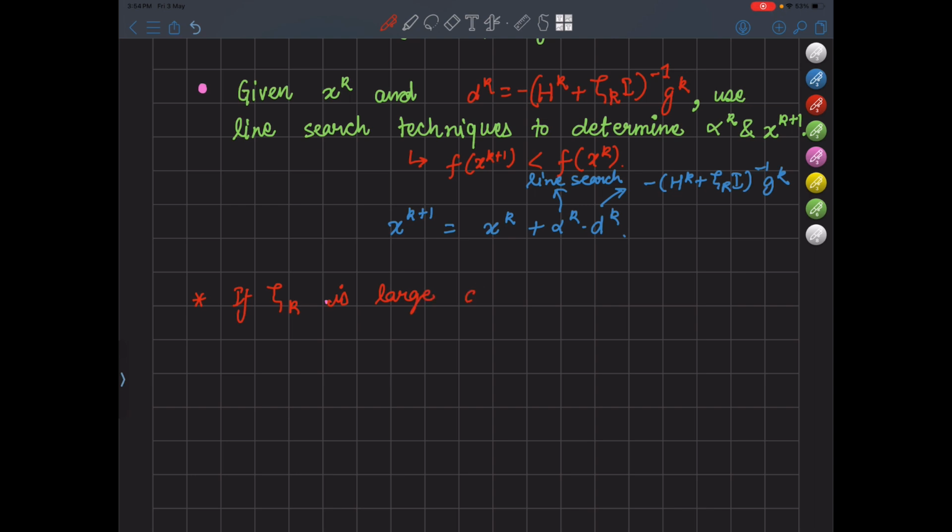If xi k is large, then dk is close to the steepest descent direction, because remember, the steepest descent direction is minus gk.